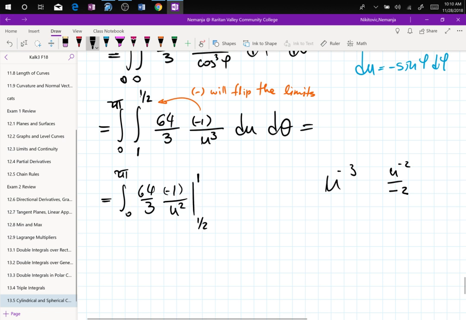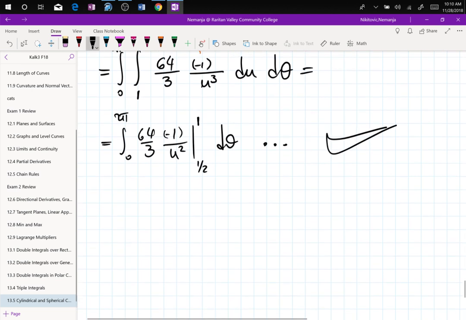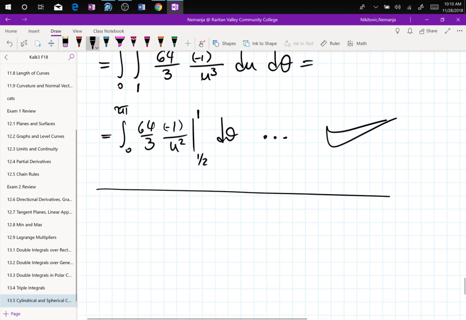We picked up another negative because of the integration. d theta. I got bored. There we go. Next problem. It's a better time investment. Plug in 1 and 1/2 and then just times 2 pi at the end. I didn't last too long. I'm sorry.